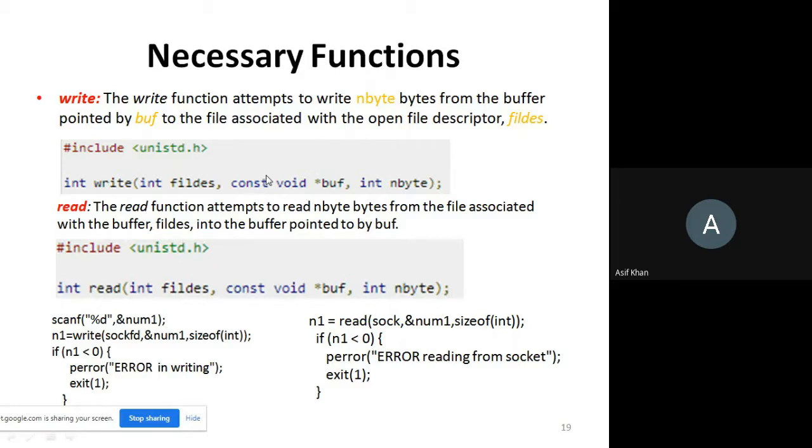When you call this write function to send a message, you have to pass the address of that message as the second argument. The first argument is the integer, or the variable that contains the integer, which is used to identify the socket. The third argument is for the size of the message.